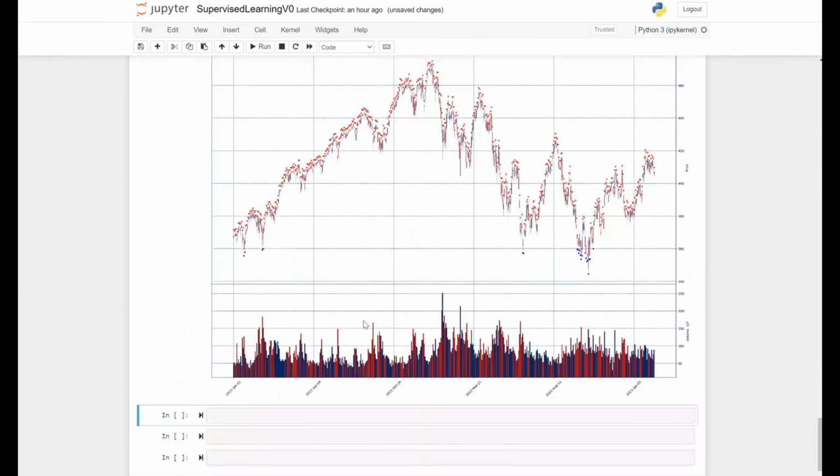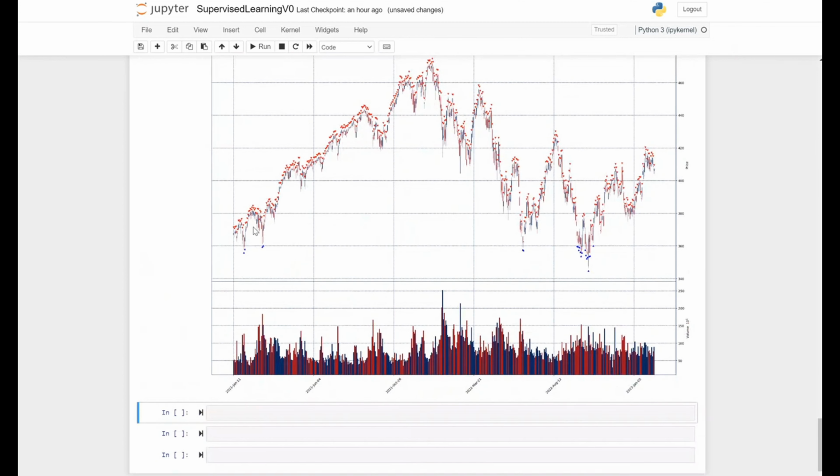Okay, so this is what we get. You see, for the majority of those days, the model predicted zero. That's why you see so many red down arrows, right? And just a very few of them, the model predicted as ones, which are represented by these blue up arrows. So the recall level is very low for this model.